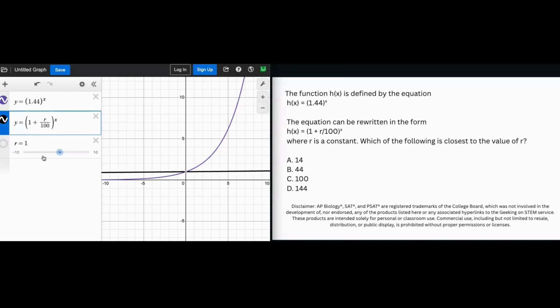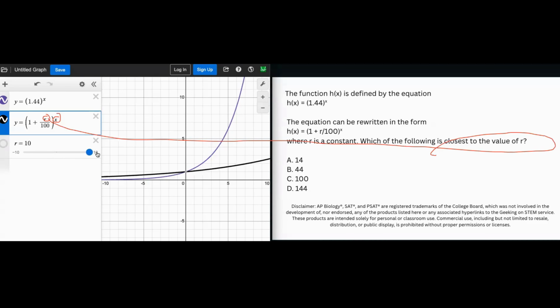So I have one equation graphed where I only have one variable. But guess what? I have a second equation, and instead of one variable, I have two variables, my r and my x. I want to know what my r is going to be when the equations are exactly the same. Now I can slide this here, and notice it only goes so far. And if I go the other way, it goes so far.